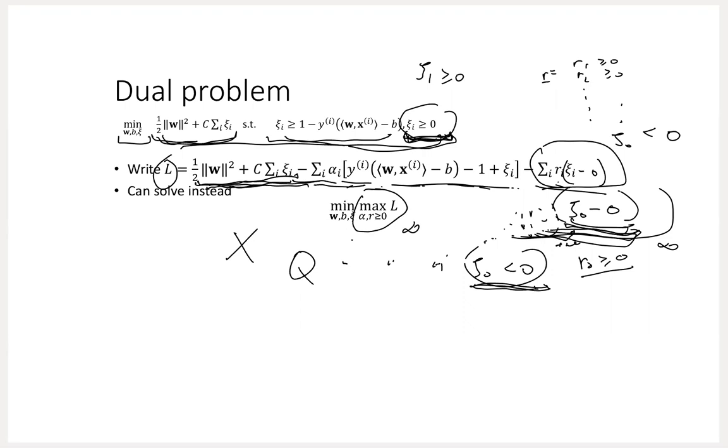Because the outside loop is trying to minimize things, anything infinite is not going to be picked up. So this will always give you a solution that satisfies the constraint. Everything that violates the constraint is infinite, so we pick the one that doesn't violate the constraint, which will be finite. That's why this is actually an equivalent formulation.